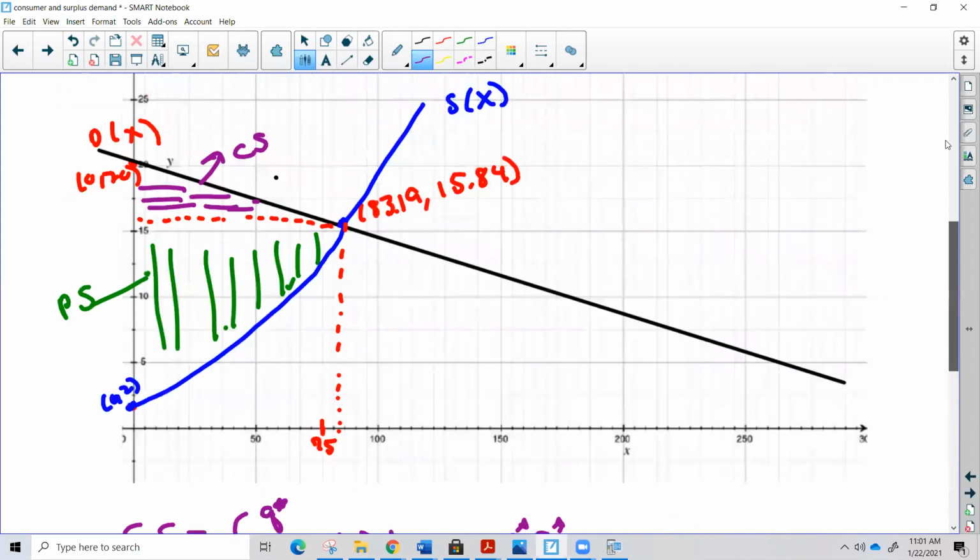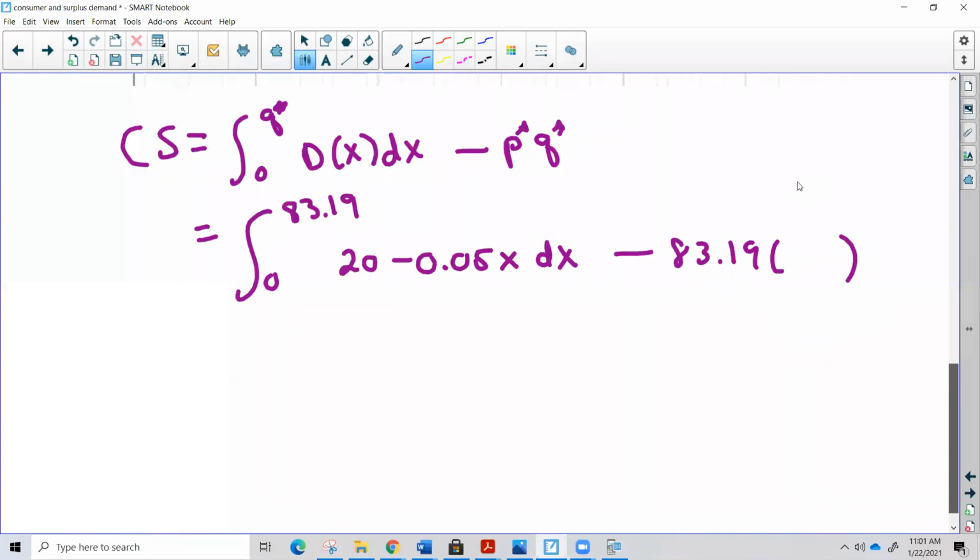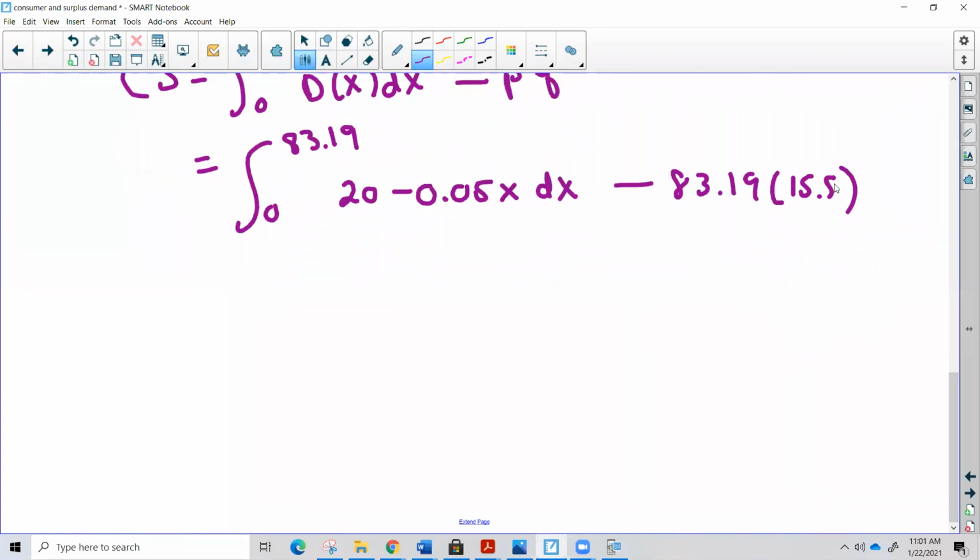Let's go up to our equilibrium point, which is 15.84. And like I said, if the subtraction with this, and then when you do the fundamental theorem, the 0 is going to confuse you. Maybe write this out and then just do the integral separately on the side and show all your work for it, and then come back to the formula.